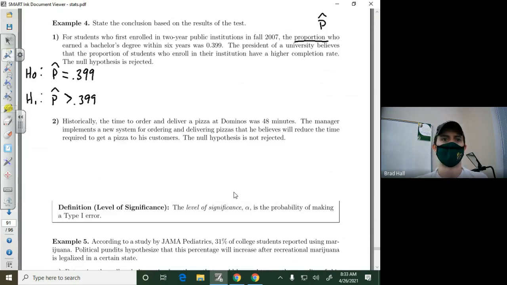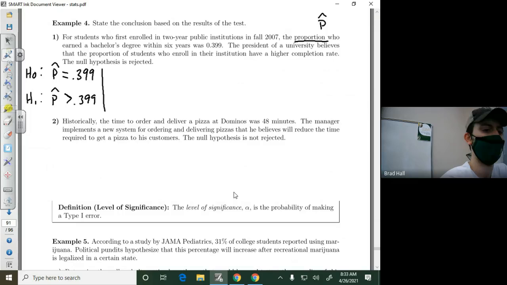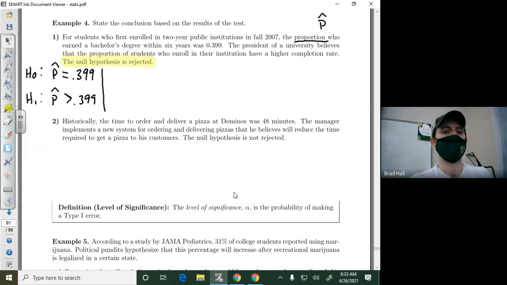President believes that it's higher than. So these are the hypotheses. And then they tell us that the null hypothesis is rejected, which means that they determine that the proportion is not, in fact, 0.399. They rejected that null hypothesis. And they want to know what the conclusion would be based off of rejecting the null hypothesis.